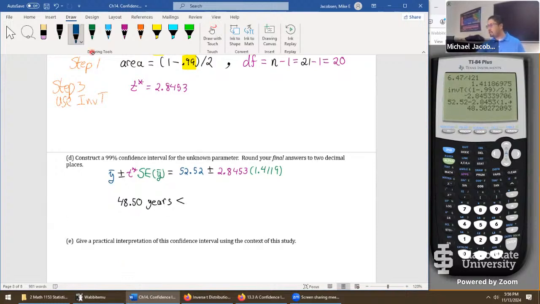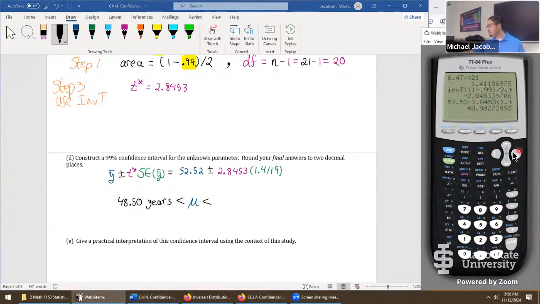That's less than mu, the unknown parameter we specified in part A, which is also less than, now go back to the calculator, up arrow, hit enter on that to paste it down. And we're going over to that position. Overwrite with addition, enter gets you to your next upper value. So I got 56.54 years on that one. Is that looking all right to folks so far?